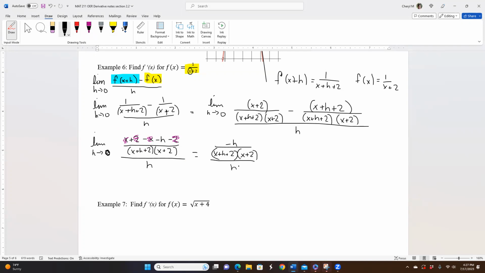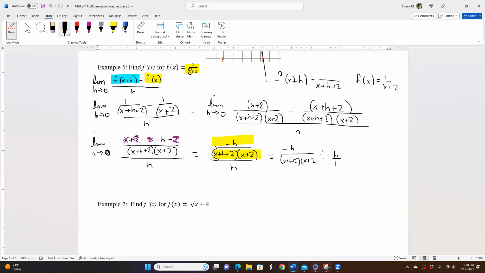It's over h. What you learned long ago when you divide fractions is you take that top fraction and multiply it by the reciprocal of the denominator. My top fraction is negative h over x plus h plus 2 times x plus 2, and that's being divided by h. The way we learn to divide fractions is to flip the second fraction and multiply.